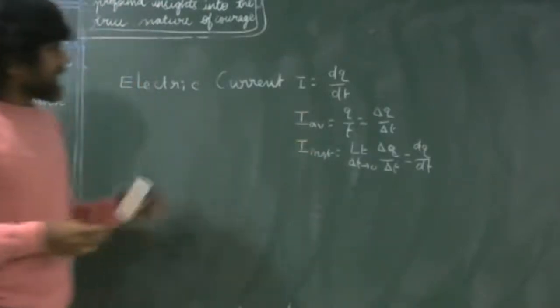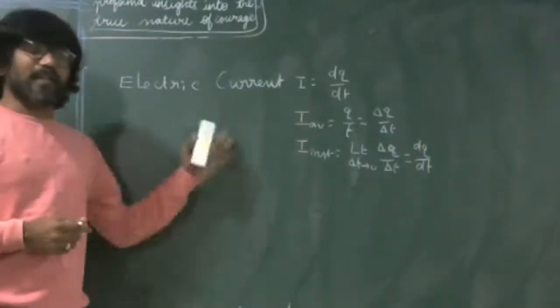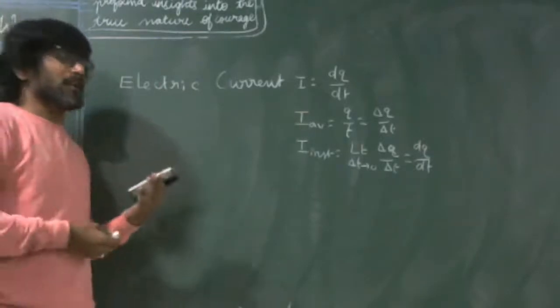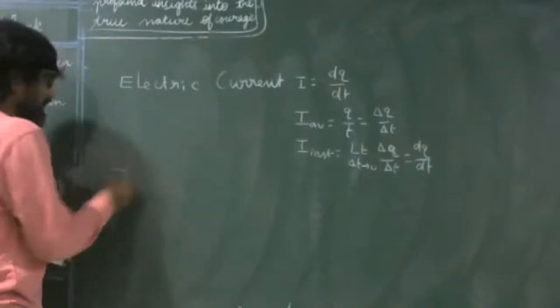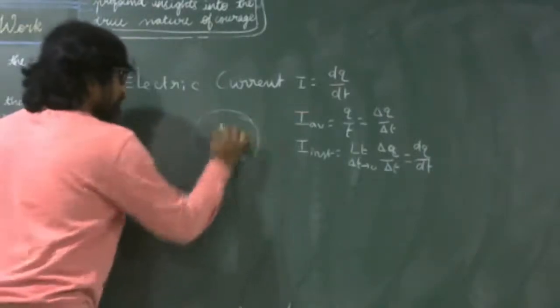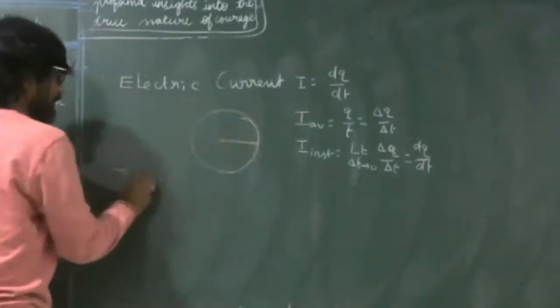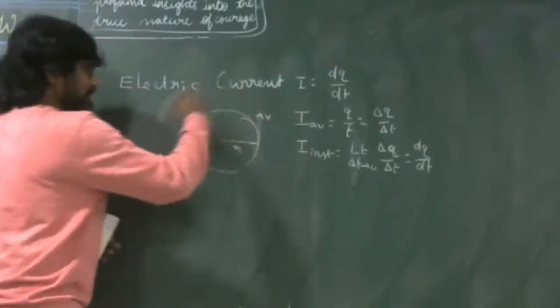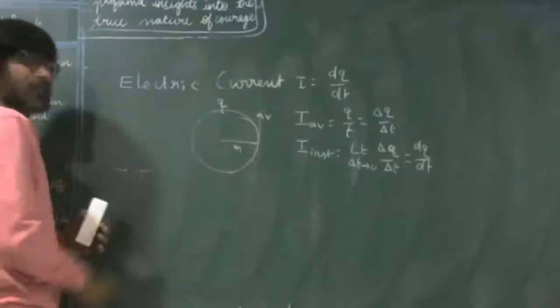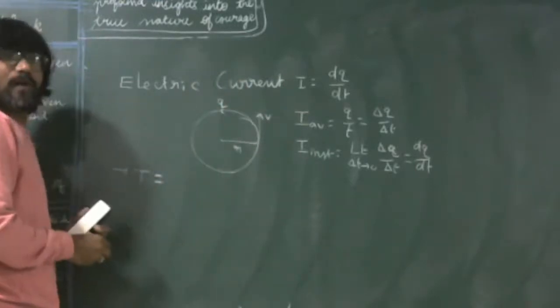Right. And this current you can calculate in different cases, like when a charged particle is moving in a circular path. The time taken by the charged particle to complete one rotation is called the time period. If it has radius r and is moving with velocity v in this path, the charged particle having charge q, then the time period is given as what?